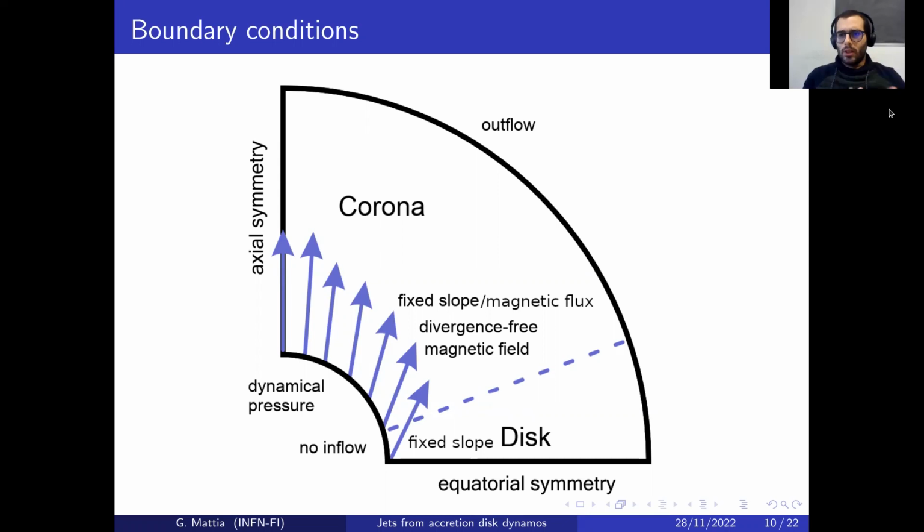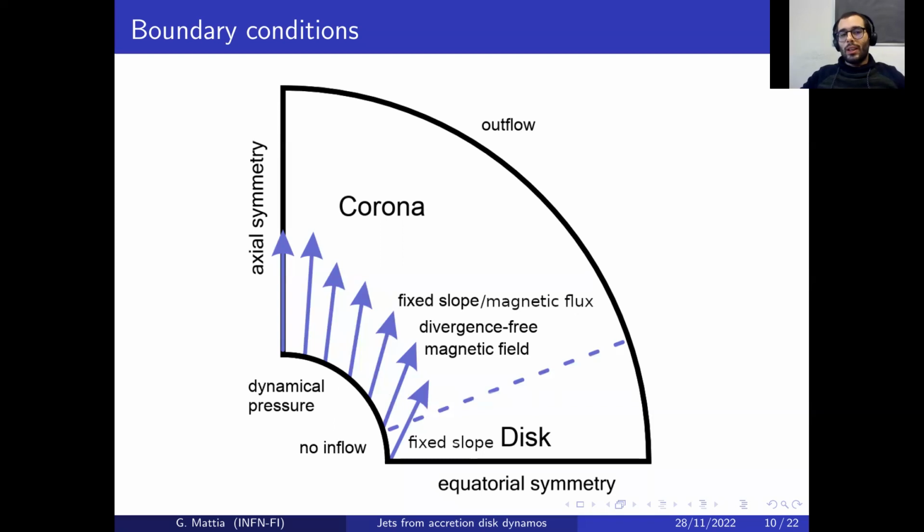The hydrodynamic quantities were dealt with in the way that I described before, and for the magnetic field, we actually tested different options. For the first simulations, we just assumed a fixed slope of the magnetic field at the inner boundary, as you see from this image. This is just qualitative, but you get the gist. And for the simulations where we tested the feedback in the coronal region, we just ensure the conservation of the magnetic flux. These are probably not the best boundary conditions ever, but first of all, they shouldn't really play a big role in the launching process.